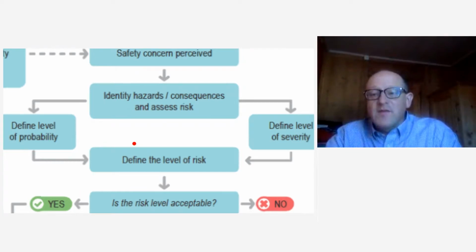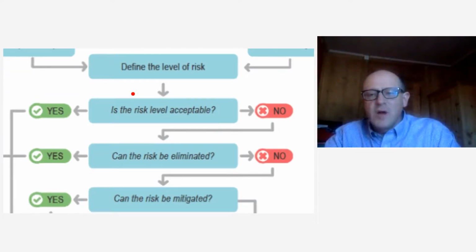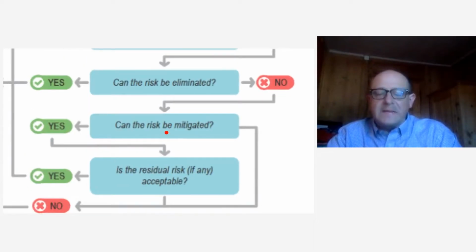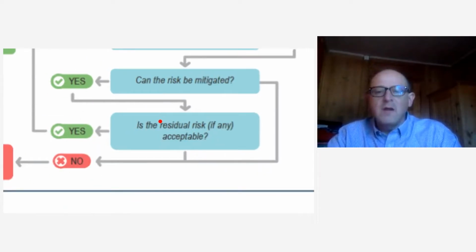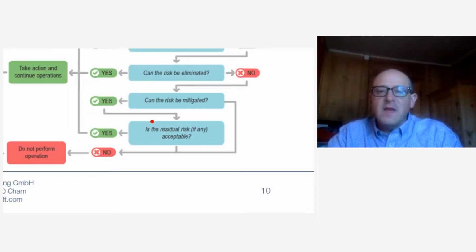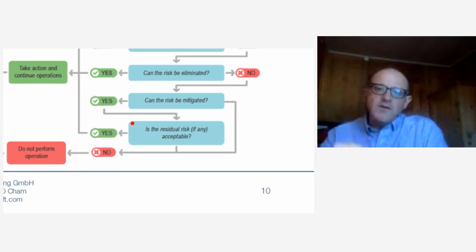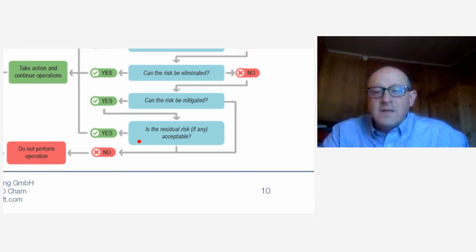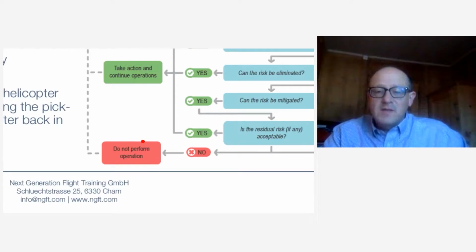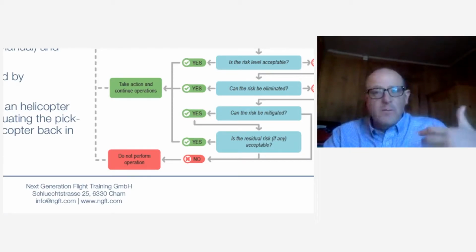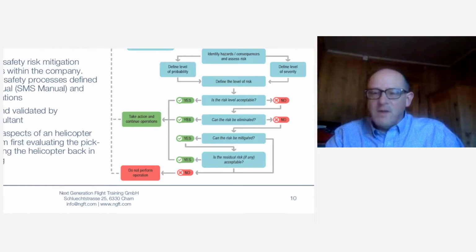And then we have to define, is that acceptable? Yes or no? And then we go through this kind of ask, can we eliminate it? No. Can it be mitigated? Yes or no? So that gives us this kind of thinking structure. Once we've identified and quantified the risk, we know what we can do with that. So basically, it's do not perform the operation. In a lot of situations, we have to say, well, we looked at the risks, but that's something that we cannot do.